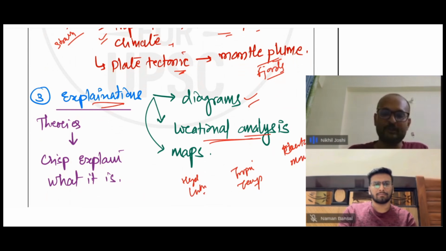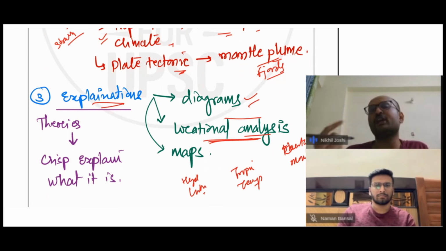I hope you got the point. When you are talking about a phenomenon with respect to space, and highlighting the presence of space in the understanding of phenomenon, you automatically have the locational analysis, and the examiner would definitely know that you are someone who actually knows the grasp of what geography constitutes.